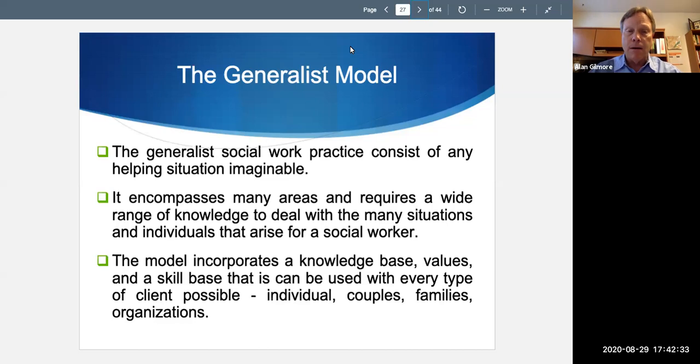We've talked about the fact that social workers don't operate without a strong knowledge base, a set of values, and those come from the National Association of Social Workers, or the NASW Code of Ethics, and a skill base that can be used with every type of client possible: individuals, couples, families, and organizations.